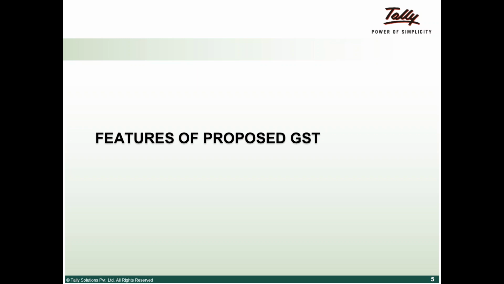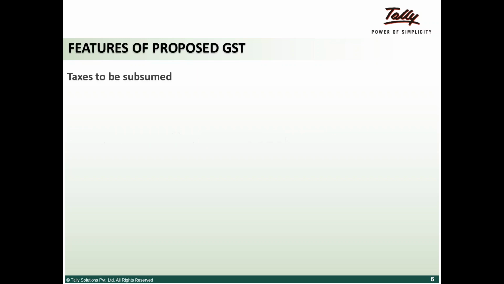To give the local manufacturer the benefit of being on the same plane with a guy from outside, there was something called CVD, or countervailing duty, which was charged. That will also get subsumed under IGST.